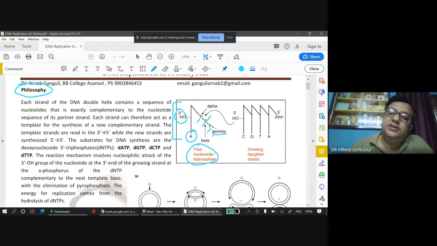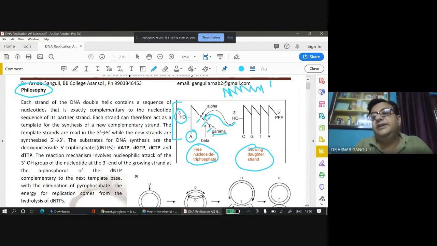Now, this is the growing daughter strand. What happens is this 3' OH of this growing daughter strand, it comes and it targets the alpha phosphate. And what happens? Result is you have the DNA strand growing.